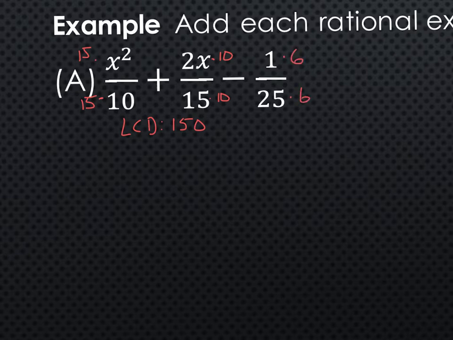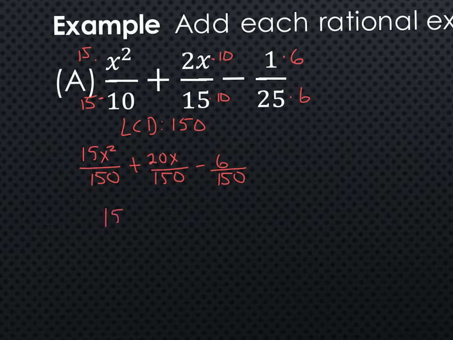Okay, and if we notice, once we simplify, we have 15x squared over 150 plus 20x over 150 minus 6 over 150. And then all that's left for us to do is to write it as one fraction.